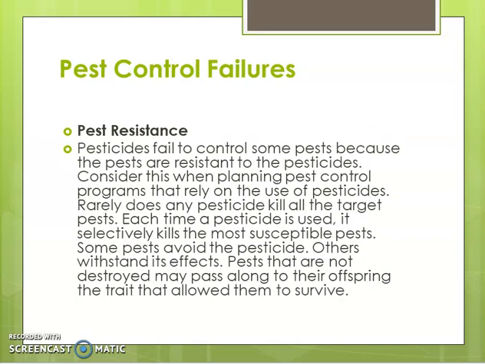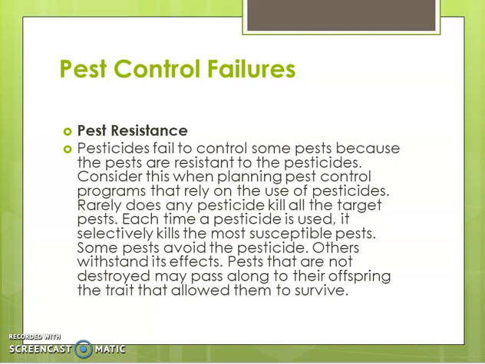But not only that, we may have pest control failure. So we look at pest resistance. Pesticides fail to control some pests because the pests are resistant to the pesticide. Consider this when planning your pest control program that relies on the use of pesticide.